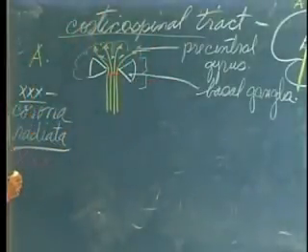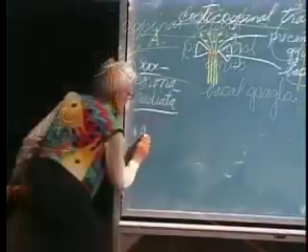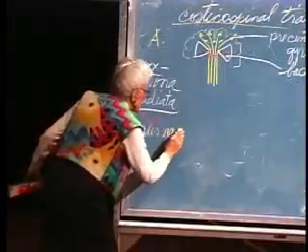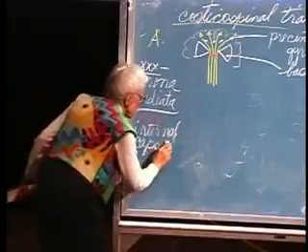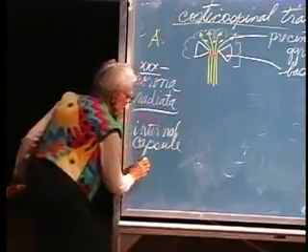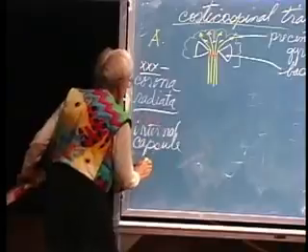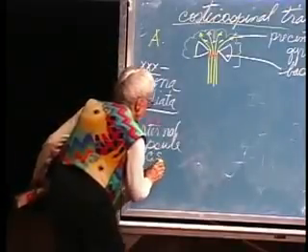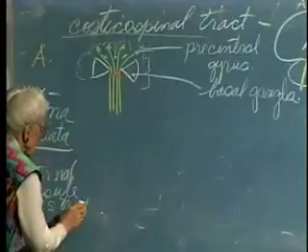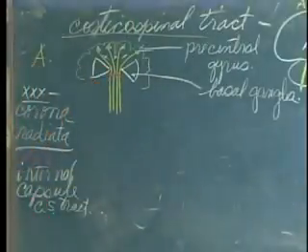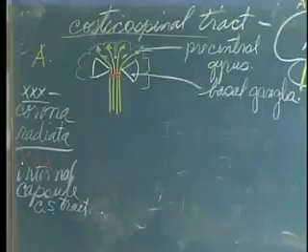So in red, I've put internal capsule for cortical spinal tract. Because you'll learn eventually the blood supply of this whole area. Very important. You see, you break a blood vessel here and you're paralyzed. These are your main fibers going down.